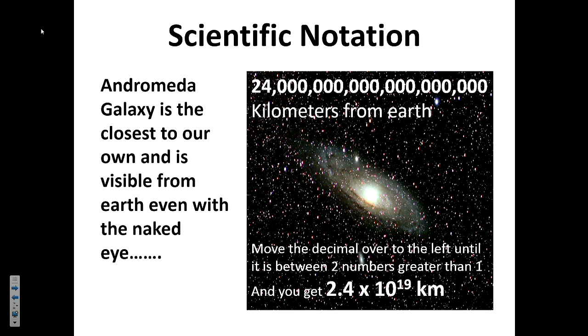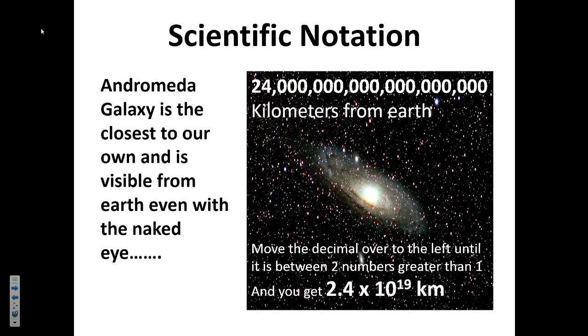And this is kind of a cool example. And this is actually a galaxy that you can see even with the naked eye from Earth. But if you see, it's actually not that close at all. So another example of how we would do scientific notation on a large number, you see all my zeros and my 4. Essentially, that's 19 places.